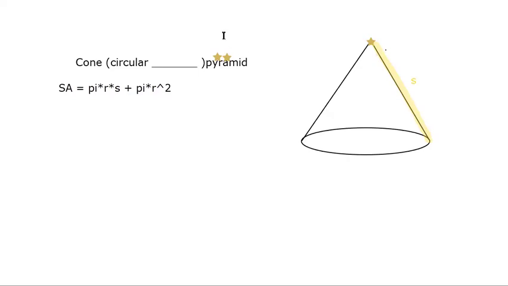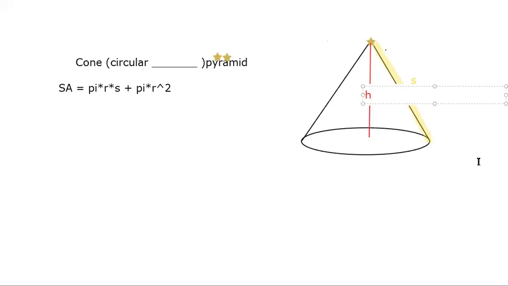And your height is just like when we had triangles. You have to take a perpendicular line from the top middle straight down to the base middle. So if you had a fishing line with a rock tied to it and you dropped it in there, the length of that fishing line would be your height.